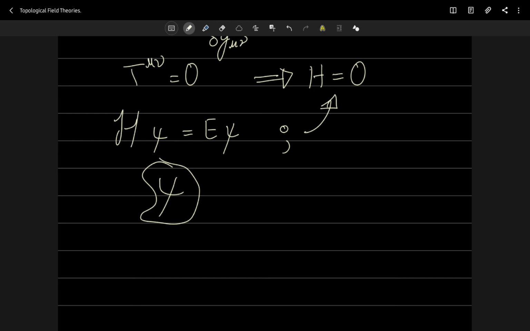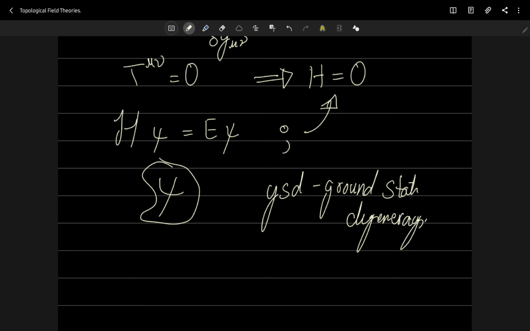Okay, so we find that the quantum mechanical calculation in this example of the GSD, GSD as in ground state degeneracy, in our system is effectively a calculation of topology in 2+1 space-time.